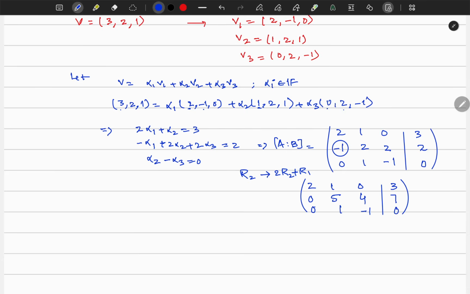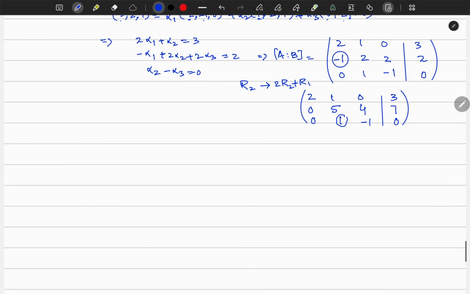Okay, so now you have to make this one a 0. In R3 you will do 5R3 minus R2. So that is 2 1 0 3, 0 5 4 7, 0, 5 minus 5 is 0, minus 5 minus 4, that is minus 9, and this is 0.